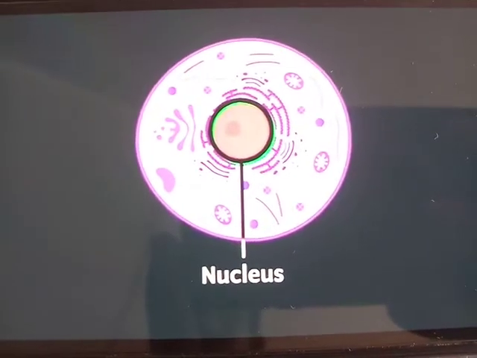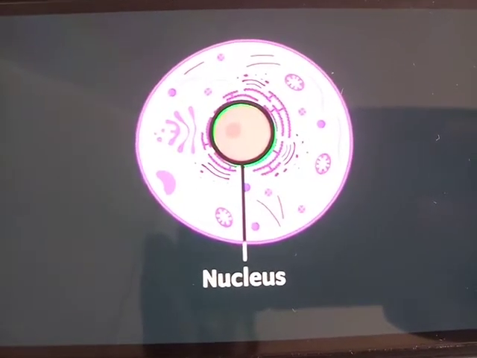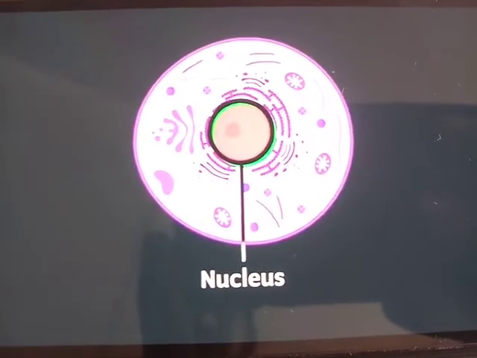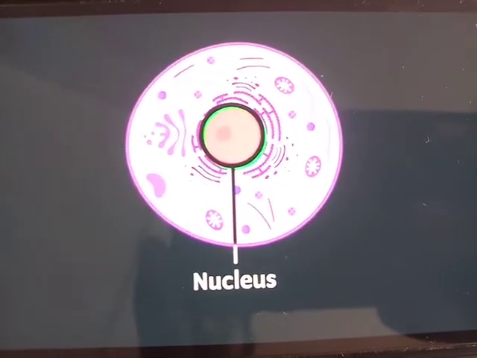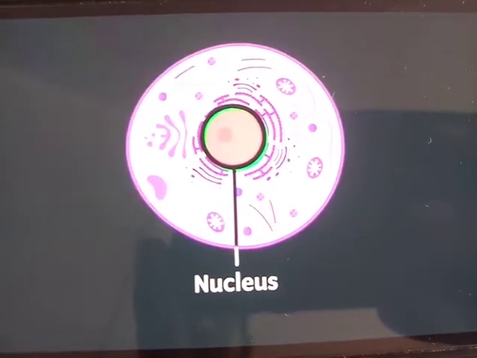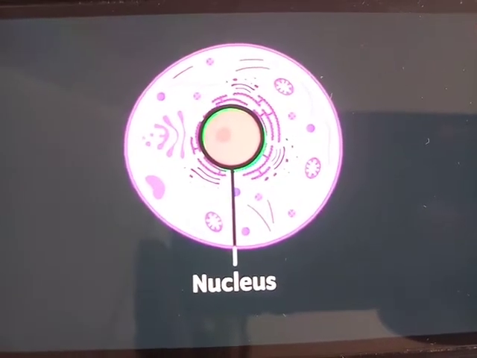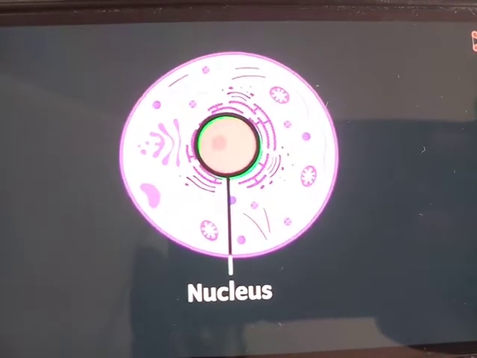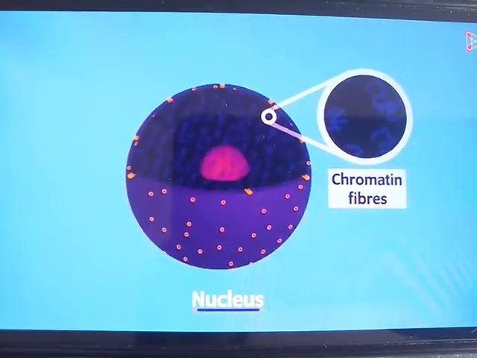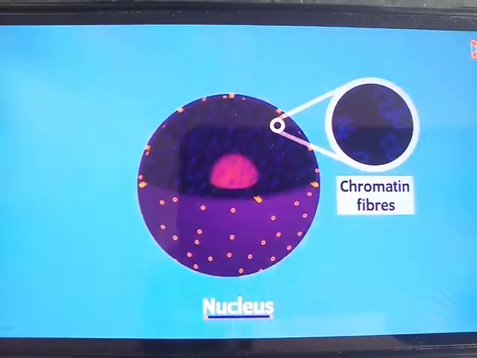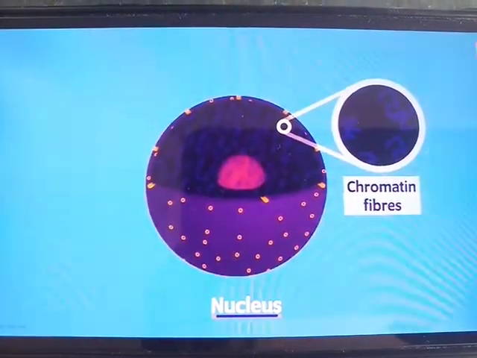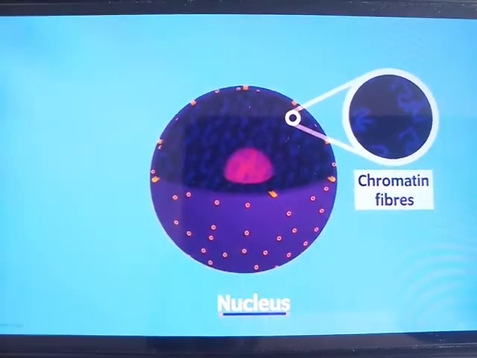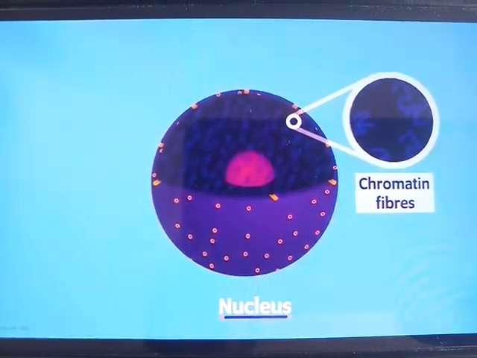So this is a nucleus. The nucleus has a double layered covering called the nuclear membrane. The nuclear membrane has pores which allow the transfer of materials from inside the nucleus to its outside, that is, to the cytoplasm. The nucleus contains chromosomes in the form of chromatin fibers. These are also called the chromatin network.